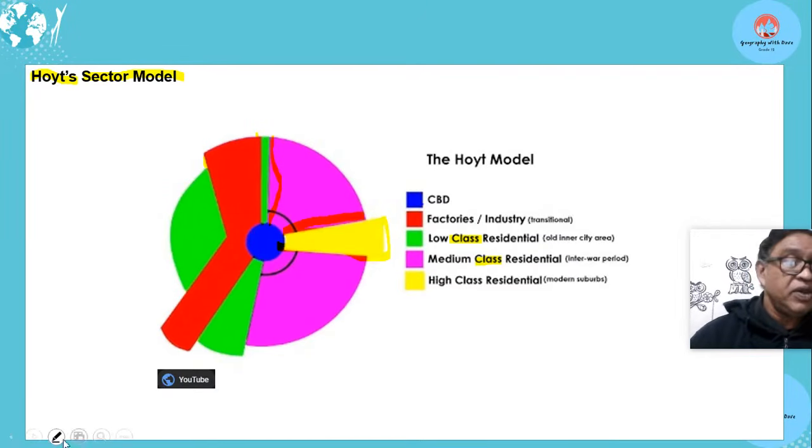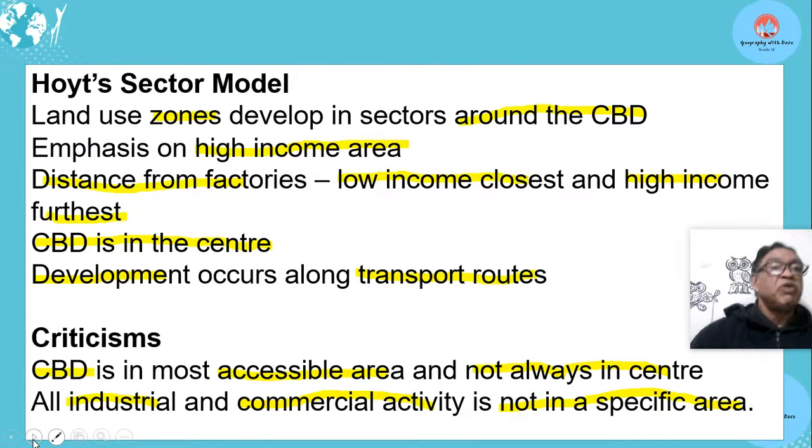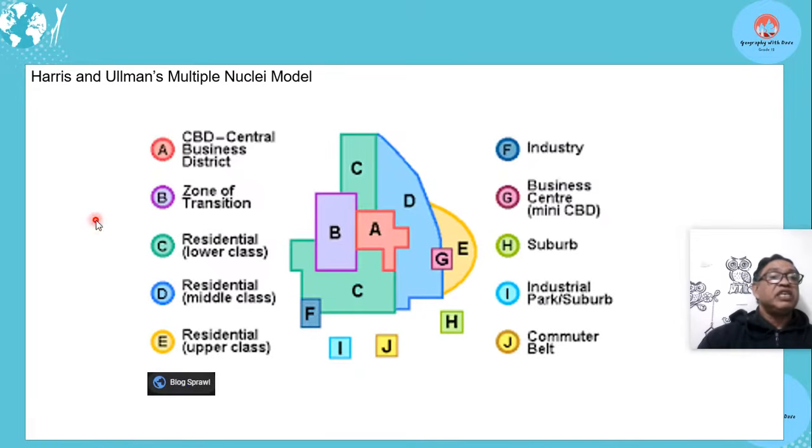It's occurring there. Let me get my pointer. Can you see it? It's occurring along transport routes. But another criticism of his was, if you look at the red, all industrial activities occur here and all commercial activities occur there. And once again, like in the first model, we know that commercial activities and light industries can happen in the residential areas. So those were his criticisms. One improvement was he did consider the transport routes.